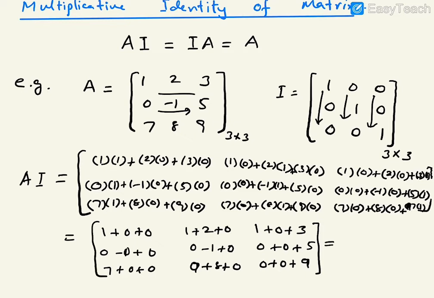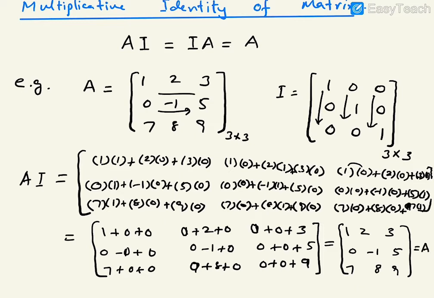So what we will have, 1, 2 plus 1 is 3, here also 0 times 1 is 0, so we will get 2 here, here 3, here 0, minus 1 and 5, similarly 7, 8 and 9. What is this? This is A.